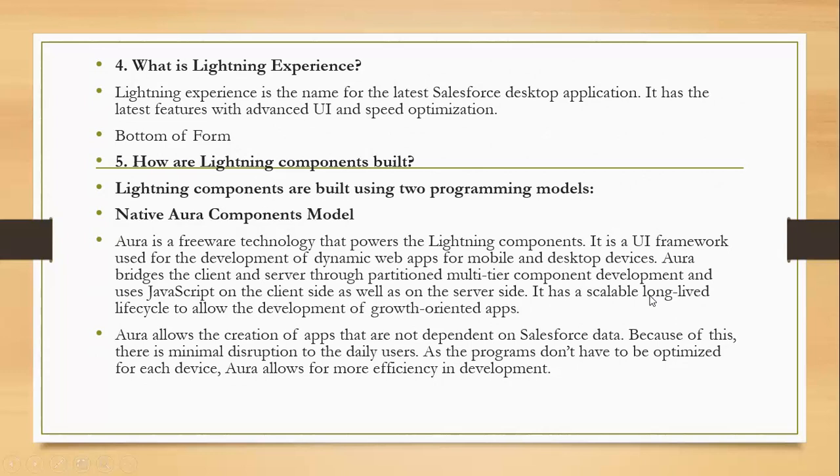It has a scalable life cycle to allow the development of growth-oriented apps. Aura allows the creation of apps that are not dependent on Salesforce data. Because of this, there are no manual deployments for daily users, as a program doesn't have to be optimized for each device. Aura allows more efficiency in development.